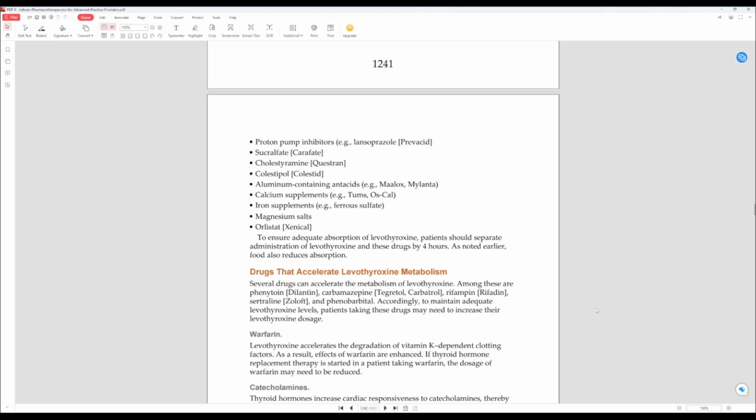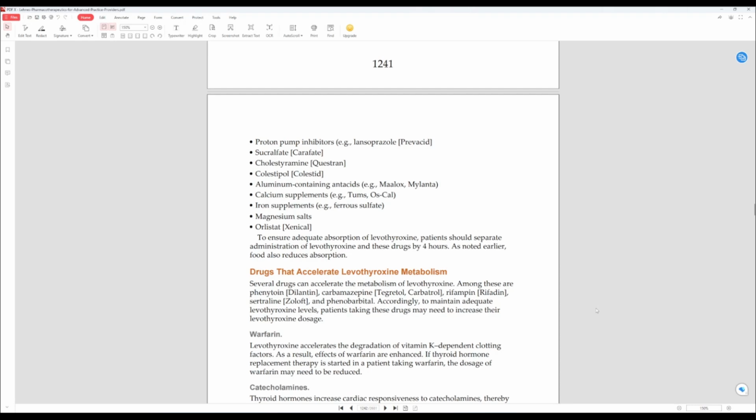So, to ensure adequate absorption of Synthroid, patients should separate the administration of Synthroid from these other drugs by at least 4 hours. As noted earlier, food also reduces absorption, which is why you shouldn't eat while taking this medicine and should take it about an hour before breakfast.